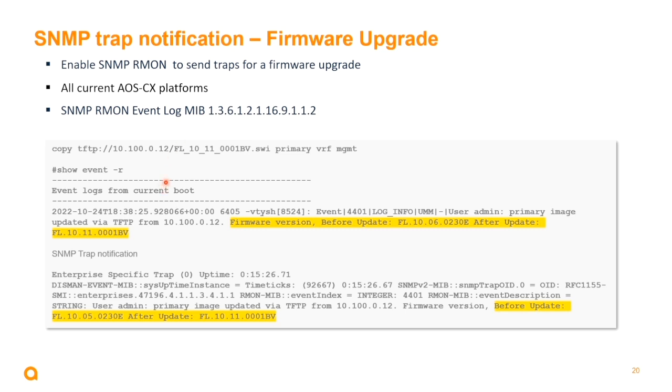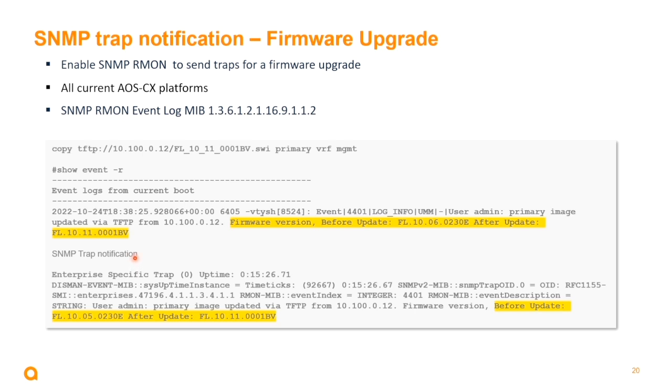And shown here in this output, I've carried out a TFTP to a switch, and I've done the show events, and we can see on the switch the firmware version, what it was before and after the update.